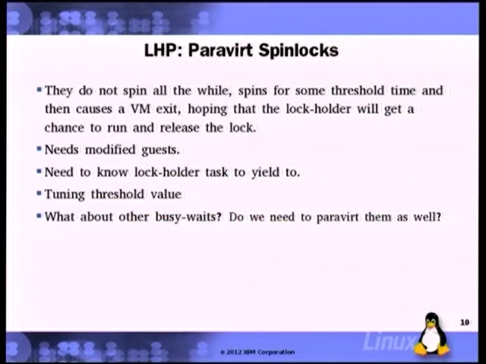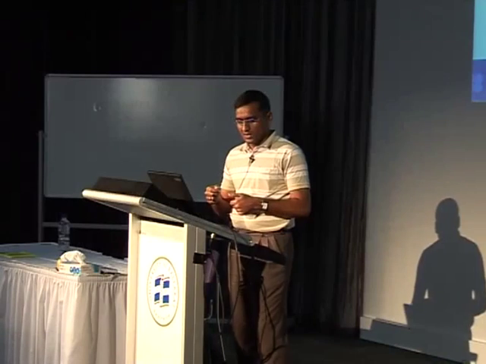The next one is paravirtualized spin locks. In this case, the spin lock is patched in the guest, wherein it knows that it is running inside the guest. So it is a similar kind of mechanism wherein it does not spin all the while. It spins for some threshold amount of time, and then it does a VM exit, hoping that the lock holder would get a chance to run and release the lock.